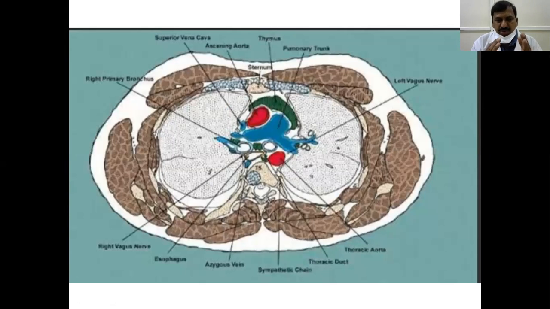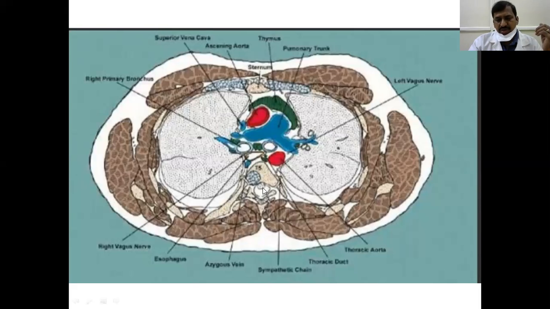It is a very narrow space, but it is occupied by very important structures, and there are lymph nodes also. And nerves, that is the vagus nerve, the phrenic nerve, and venous plexus, nerve plexus. These are all the structures present in the mediastinum. That is why the mediastinum is clinically very, very important.